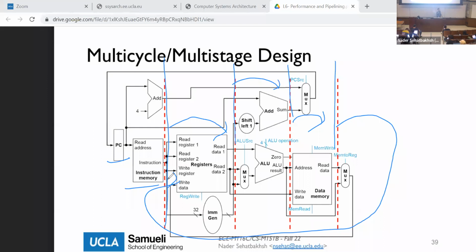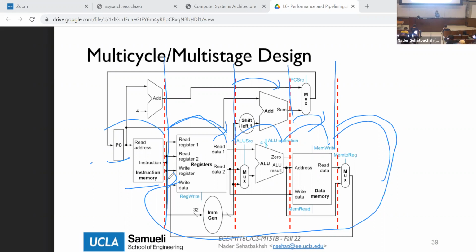So what we're proposing here is a 5-stage design where, instead of every instruction finishing in 1 cycle, every instruction takes 5 cycles to finish. 1 cycle for each of these, and finally 1 cycle for writing back the results to our register.